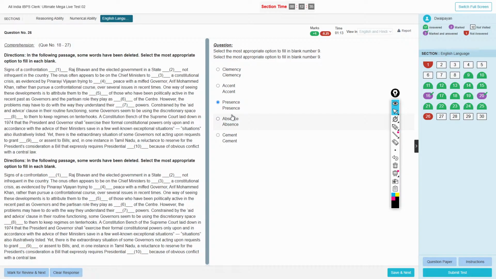I don't know what it means, but I feel this can only be the answer here. Okay. Tamil Nadu, a reluctance to reserve for the President's consideration a bill that expressly requires presidential dash because of obvious conflict with central law. Expressly requires presidential non assent.